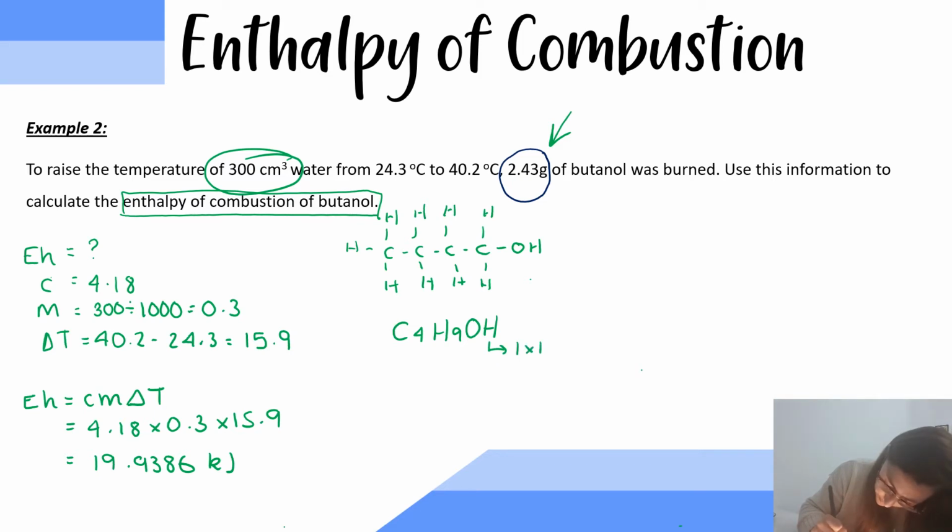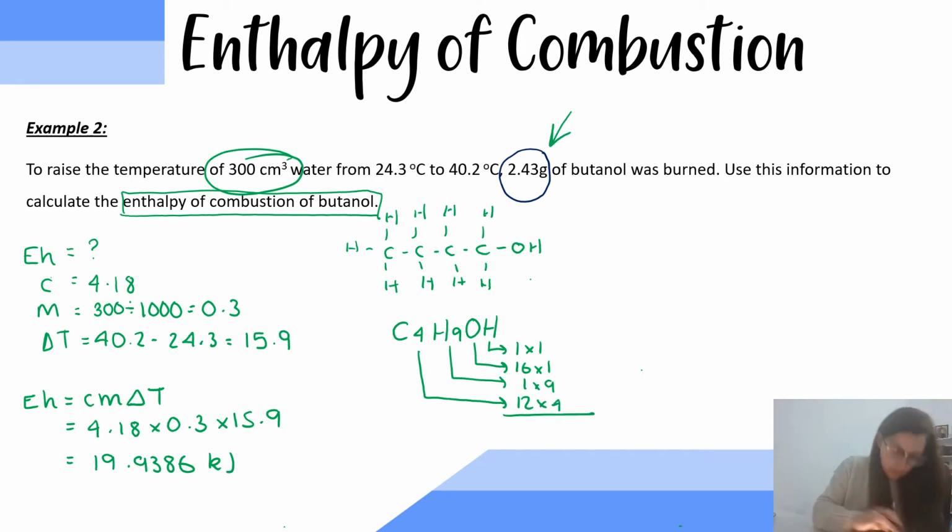Mass of hydrogen is 1. Mass of oxygen is 16. Mass of hydrogen is 1. Mass of carbon is 12. So we've got 12 times 4 plus 9 plus 16 plus 1 is 74 grams.